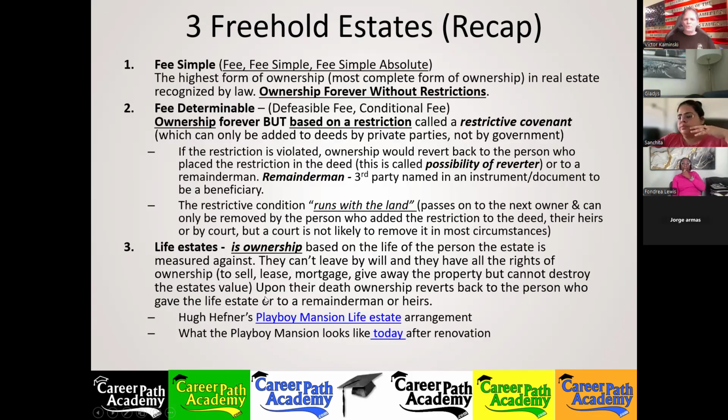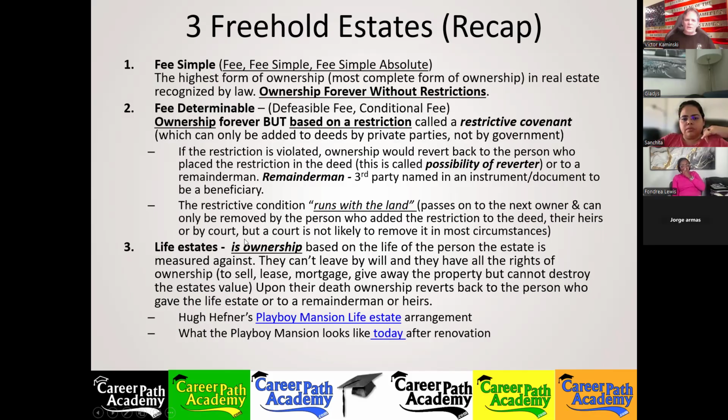They have all the rights of ownership to sell, lease, mortgage, or give away the property, but they cannot destroy the estate's value. You have to pay the taxes on the property so it can't get taken away or sold at an auction. Upon their death, ownership reverts back to the person who gave the life estate, or to a remainderman or heirs.